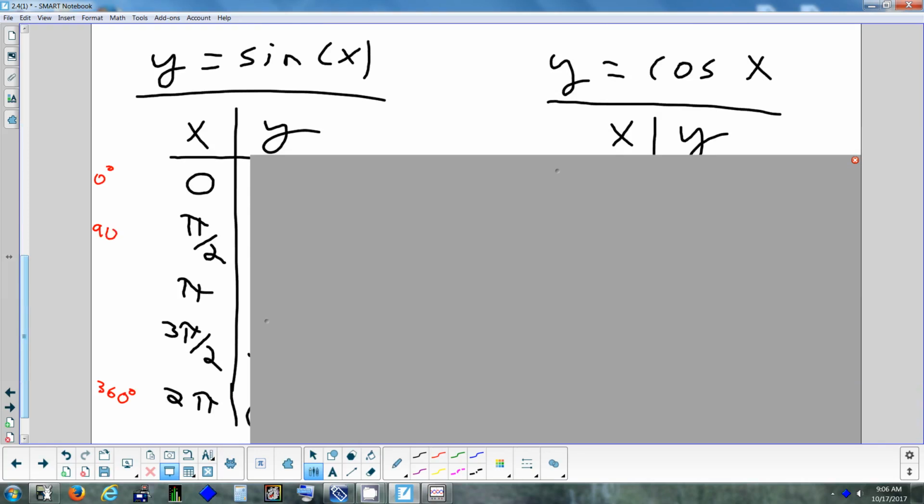Pi over 2, that's 90. Pi is 180. And 3 pi over 2 is 270. For this week, you've got to get used to working in radians. I put the degrees up there just to show you that these are nicely spaced, every 90 degrees apart.